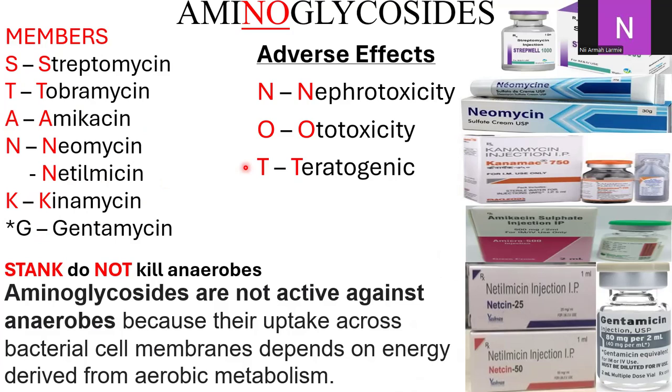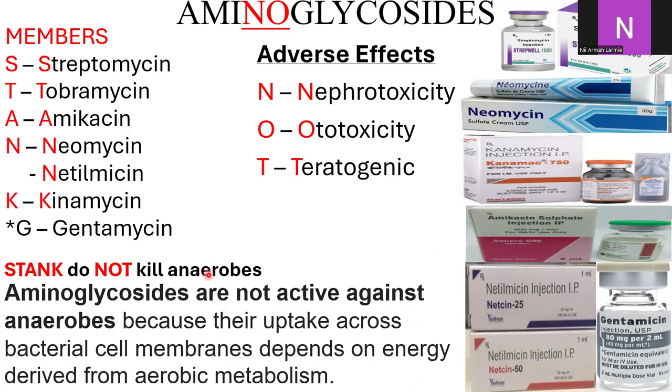So the first thing we want to know about aminoglycosides, as we've stated, is they are for gram-negative organisms. We should also note that aminoglycosides do not have activity against anaerobic bacteria. They are not able to kill anaerobic bacteria.